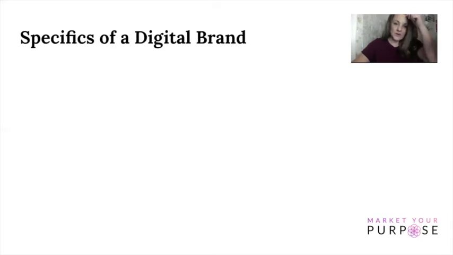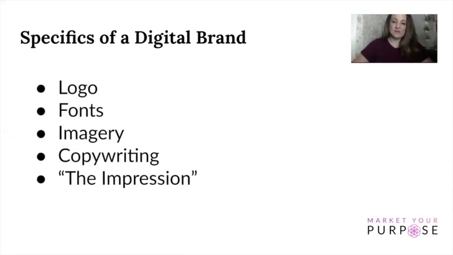Now, what do I mean when I say specific choices? A lot of that has to do with your digital presence. I already mentioned a couple of examples, but these are going to be things that are informed by your brand guideline. The logo that you create for your band, the font choices, which we call typography in web development, the imagery that you use. Are you going to have that really fully color saturated looking image?